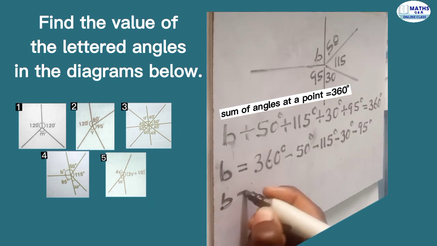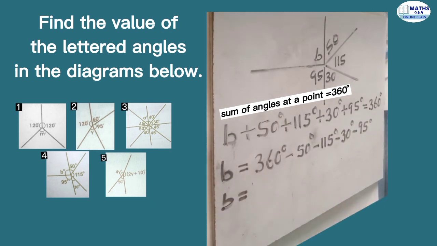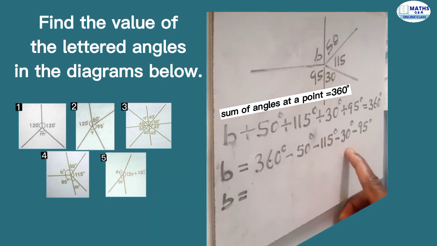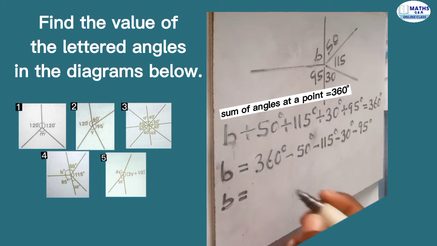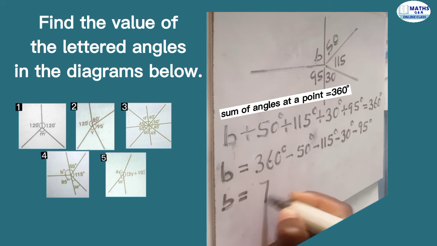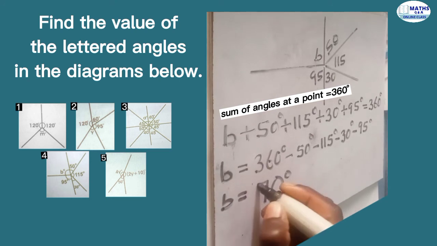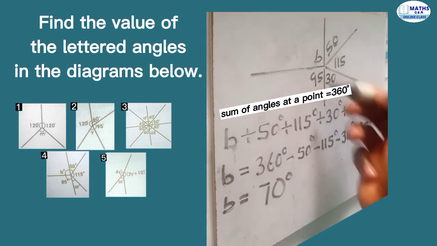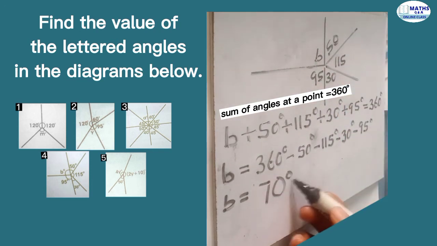So B is equal to 360 degrees minus 50 minus 115 minus 30 minus 95 will give us what? It will be left with 70 degrees, right? So it means that the value for B in this figure is what? 70 degrees. That is the angle here.